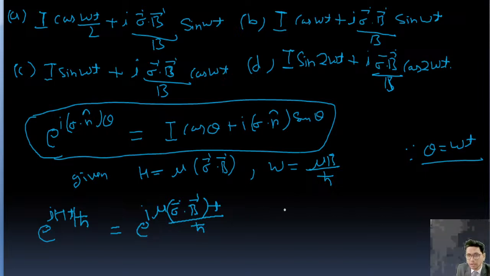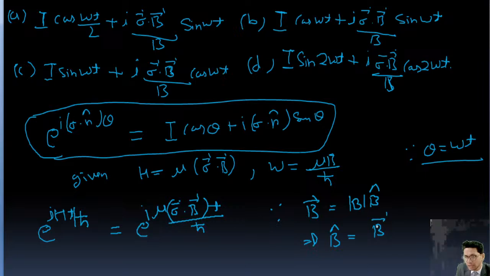Since vector B is mod of B into B cap, it implies we can write B cap equal to vector B upon B, where B is the modulus. This we know. So we'll put the value. Next page we are going to do.